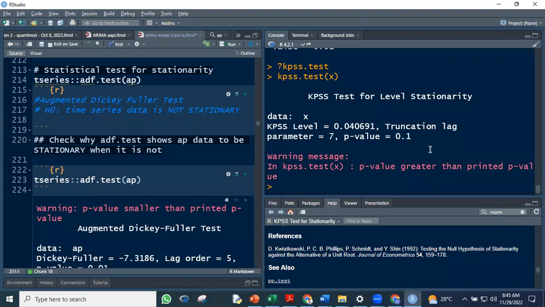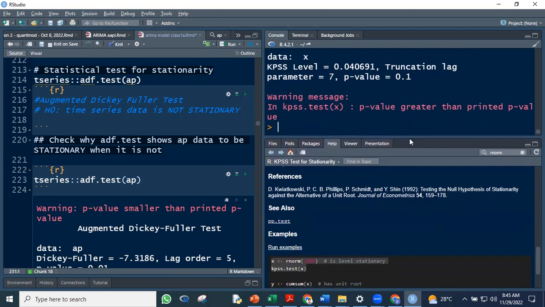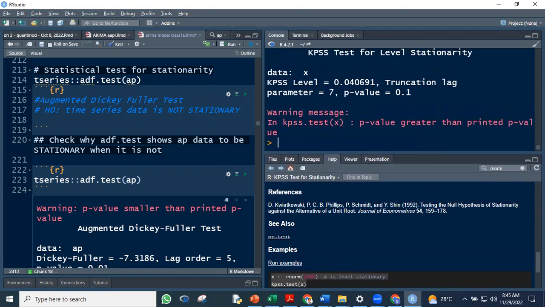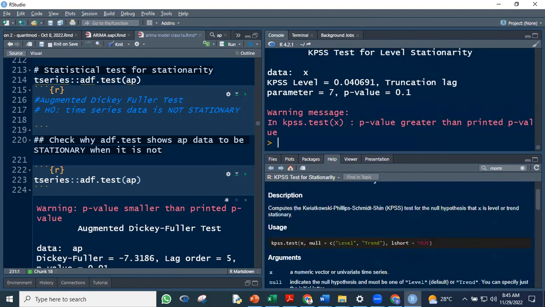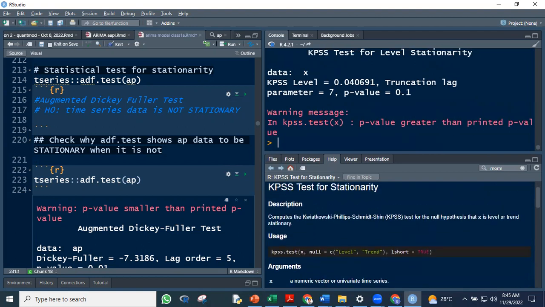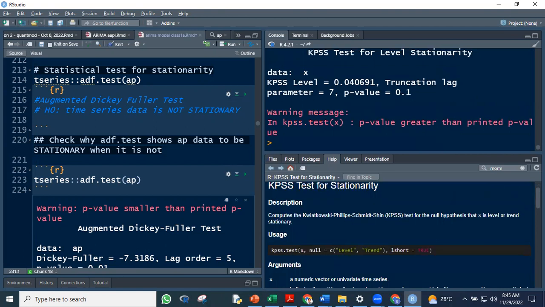We fail to reject the null hypothesis. Ano ang null hypothesis natin? Guys, what's our null hypothesis? Ito, here. Level stationary.